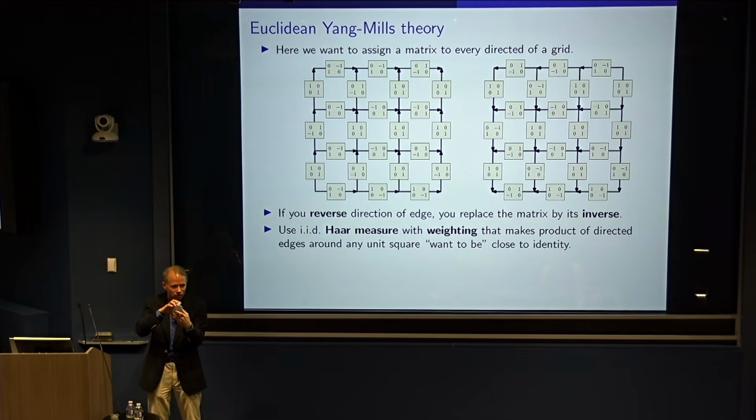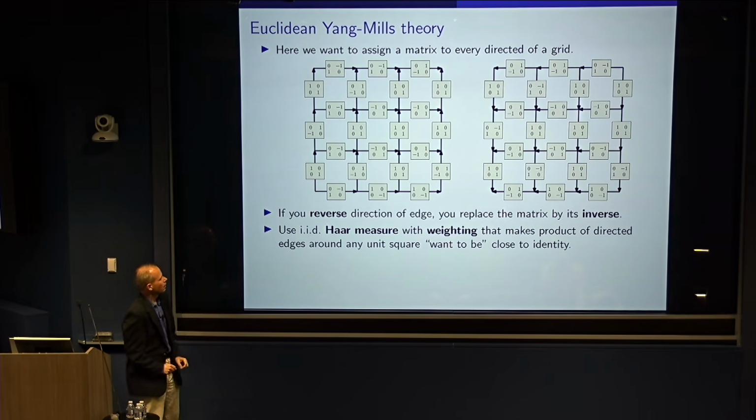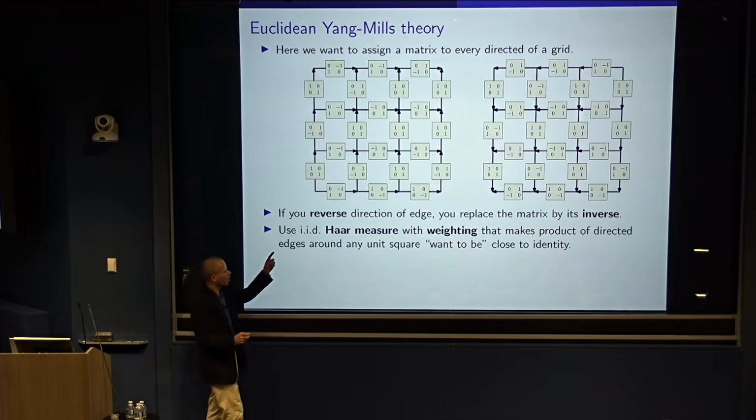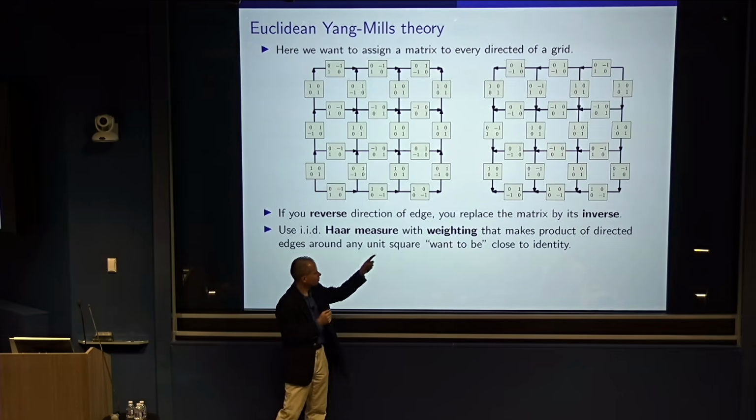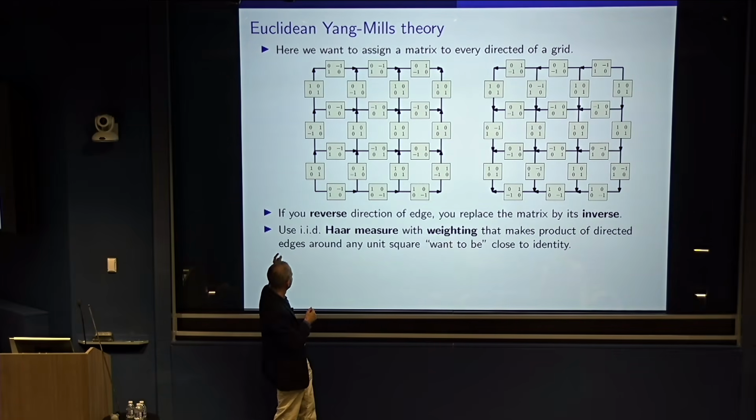That's called a Lie group. It's just a continuous way of moving things around. It's encoded by a certain set of matrices. And there's a natural way, something called Haar measure, which is a random way of choosing an element of this group.